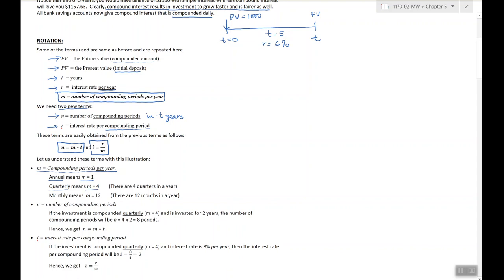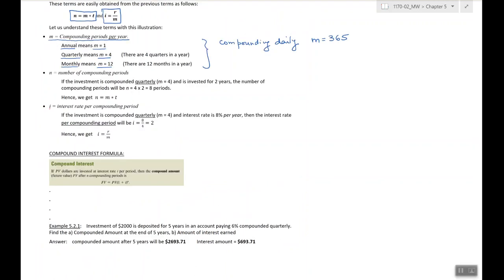Now if your compounding is monthly, that means M is 12. And as I mentioned earlier, your bank account compounds daily. So if the compounding is daily, M is 365 because there are 365 compoundings in a year. Now M is always known.